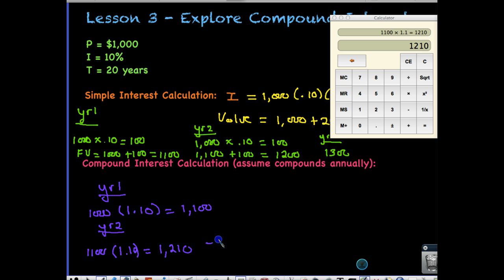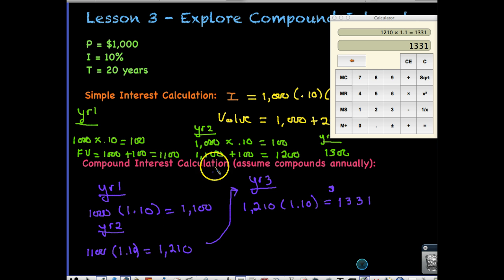So what do you think is going to happen in year 3? Well, at year 3, we are now going to start with the $1,210 times the 110%. So we would take this times 1.1, and we would get 1,331.